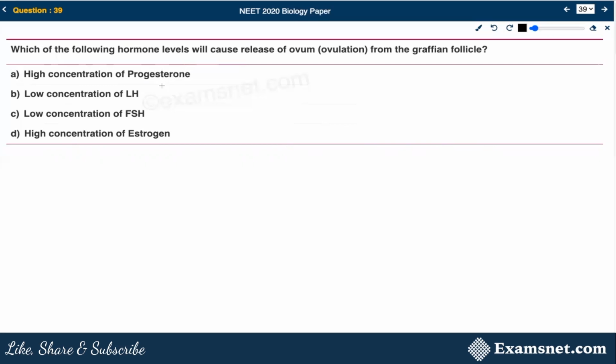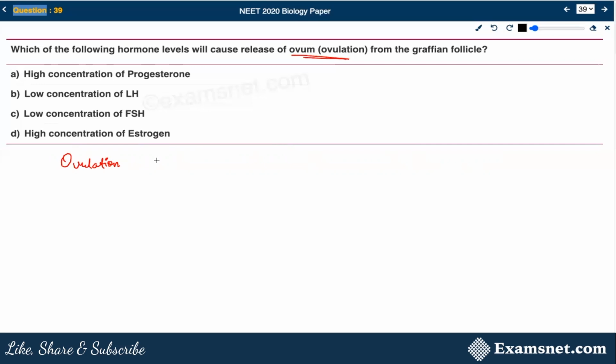All right. The correct answer is based on the fact that ovulation involves the rupturing of the Graafian follicle, which releases the ovum.